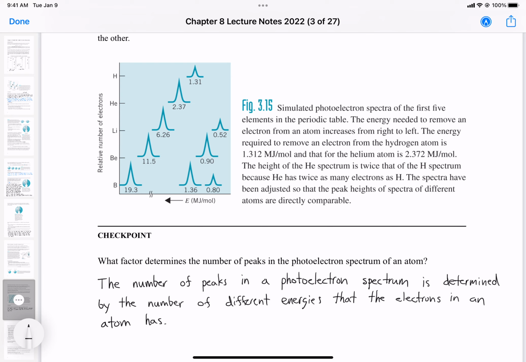So, for example, for boron, you have electrons in the 1s, the 2s, and the 2p. So you should have three different peaks for the different types of electrons and energy levels. So that's how you would answer that question.